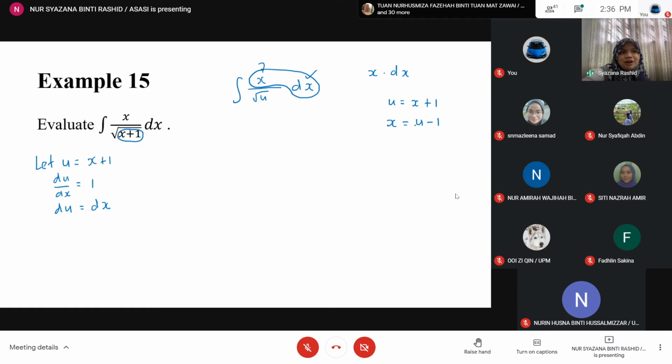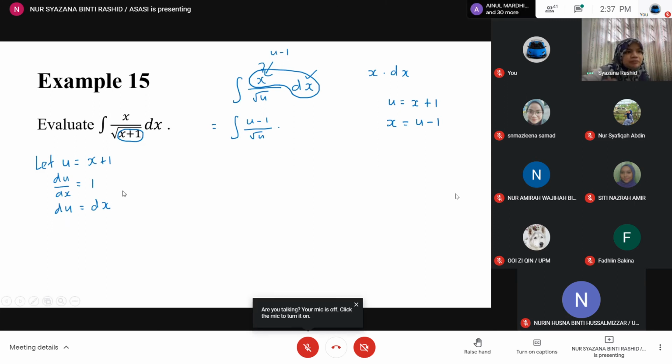So instead of x, you can replace it with u minus 1. So it will become u minus 1 over square root of u, and dx equals du. So now everything has changed into du, into the variable u.